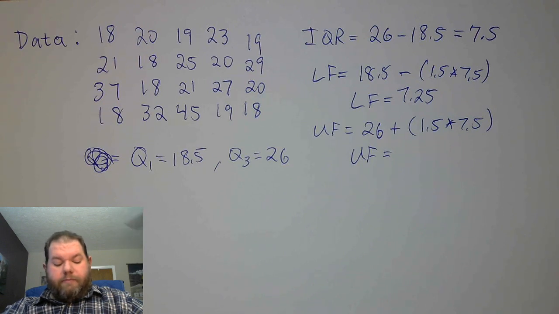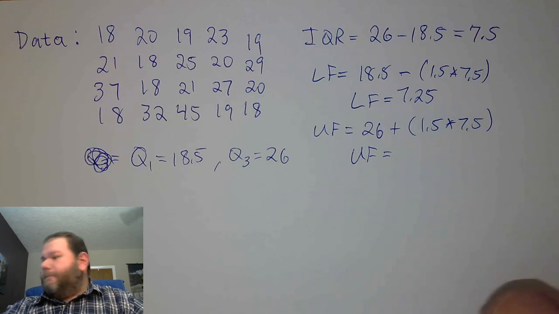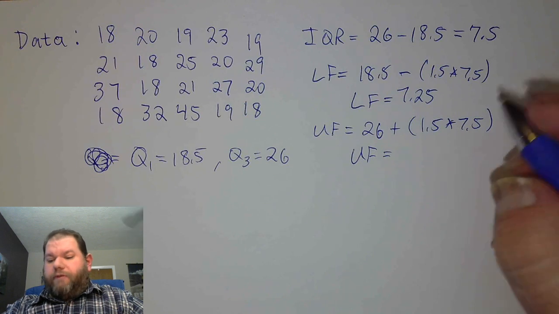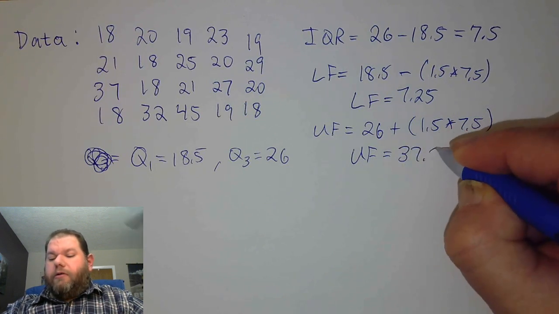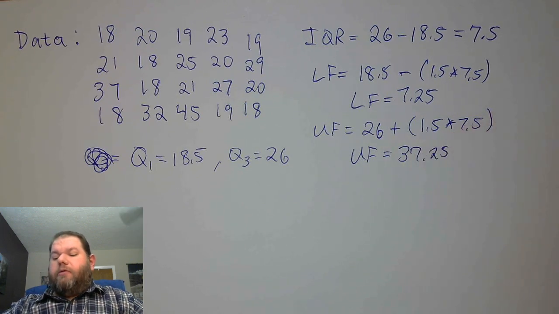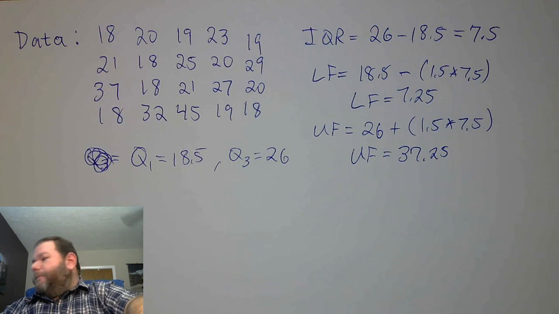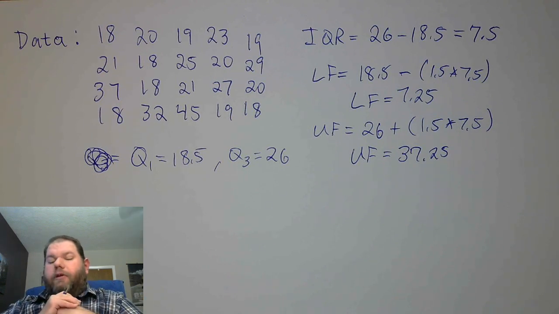Does someone have that? 37.25. Good. Okay. So any data value smaller than 7.25 or larger than 37.25 is considered an outlier.